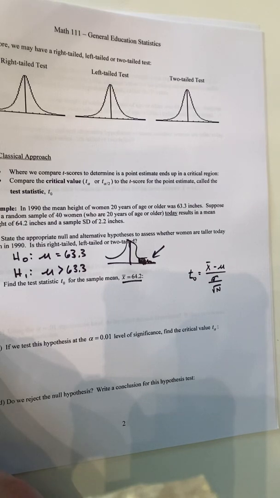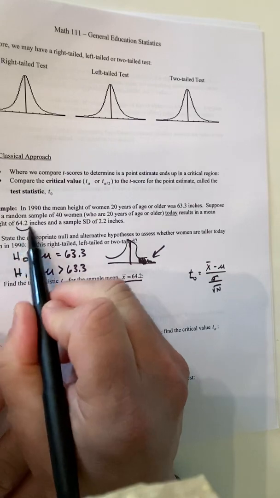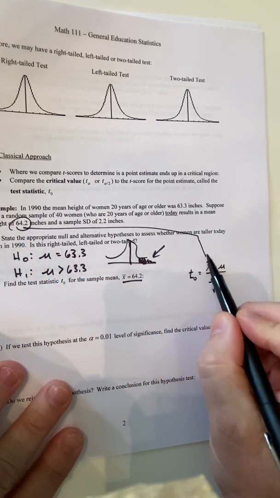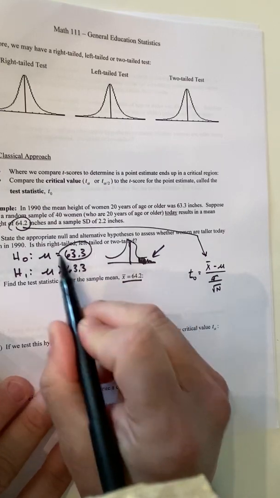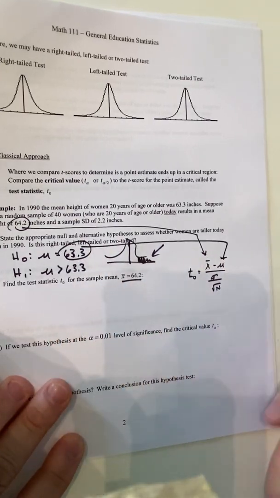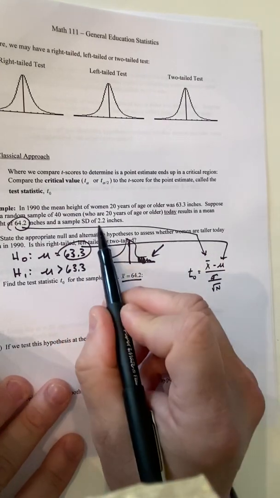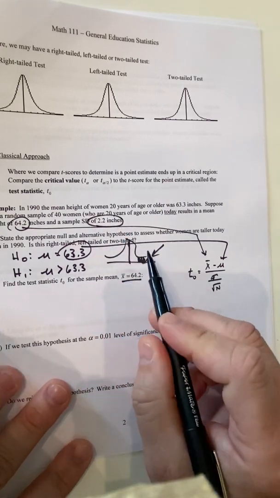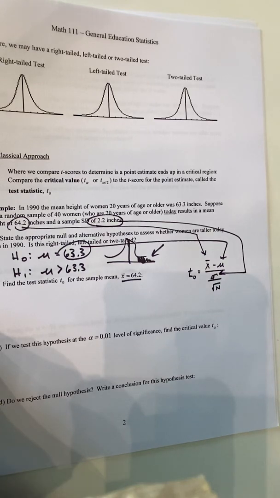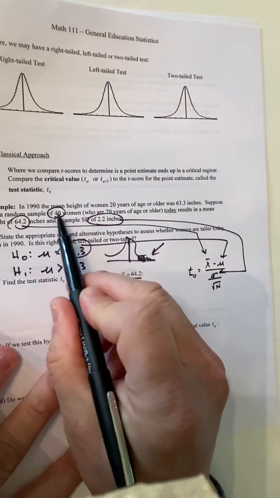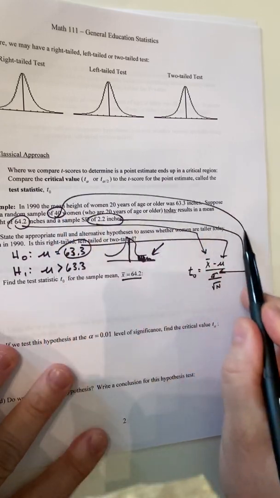We just have to substitute our values in: the 64.2, the mu, the standard deviation of 2.2, and the number of women, 40.